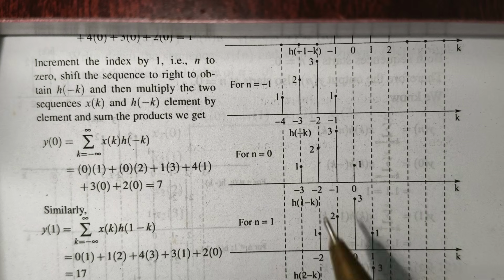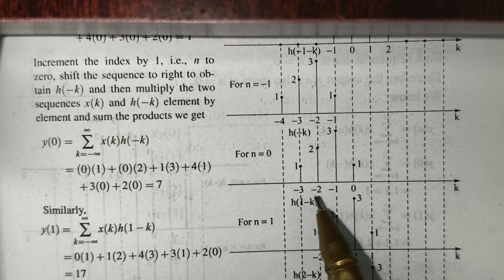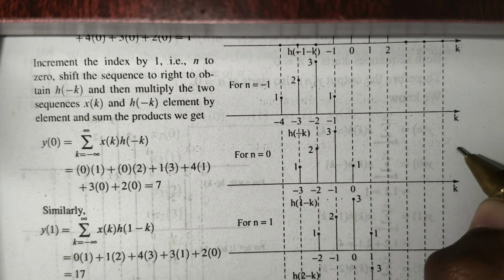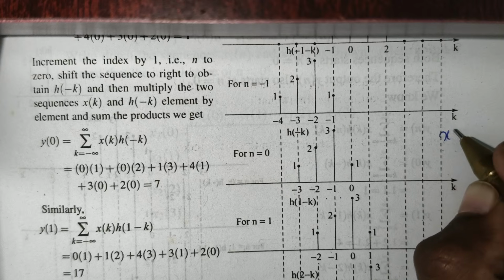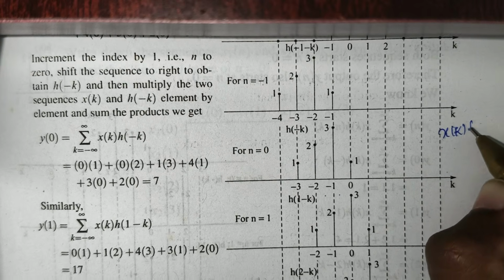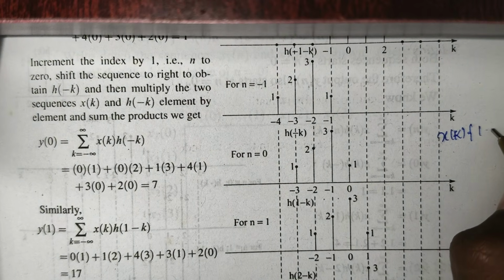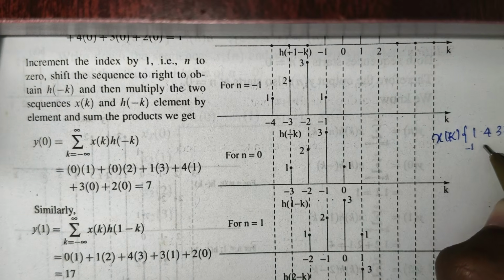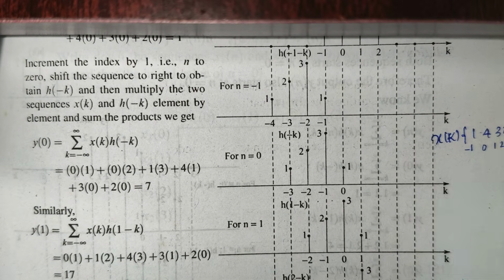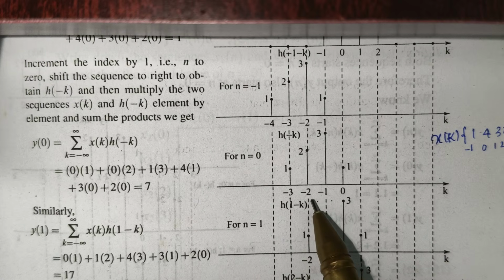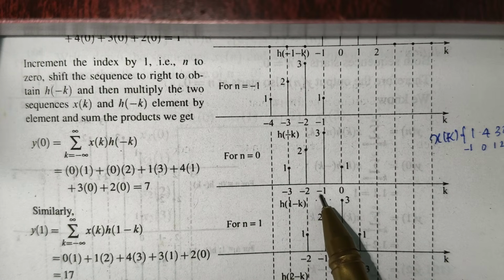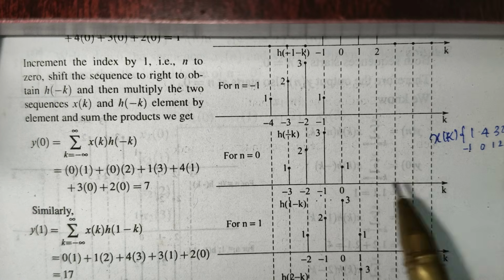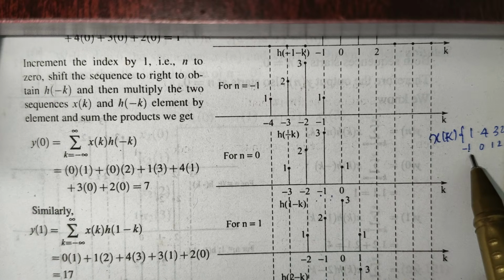So what happens here? I'll have the signal at minus 3, minus 2, minus 1 and 0. But in case of x of k, I have the signal which is 1, 4, 3, 2 at the points minus 1, 0, 1 and 2. So I have a signal at minus 1 and here also I have a signal at minus 1. So there is an overlap between the signals.